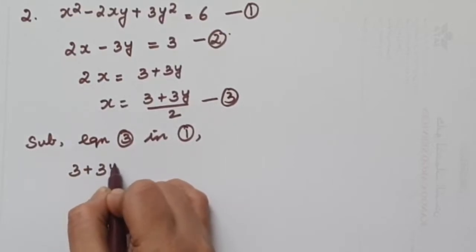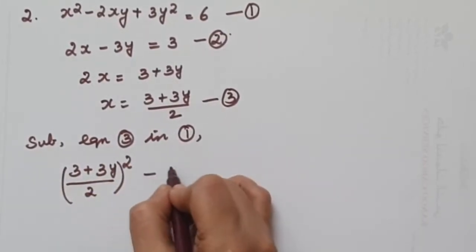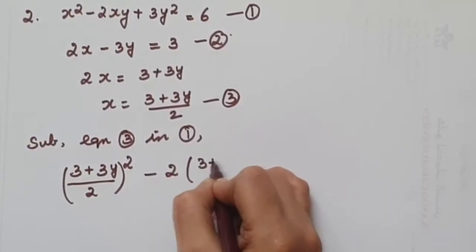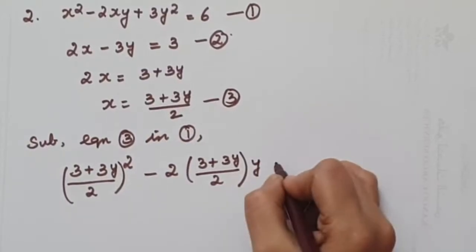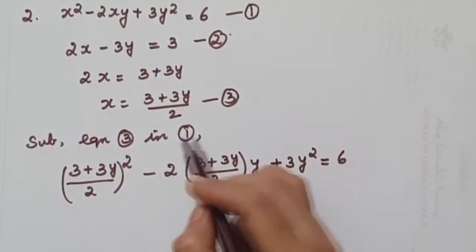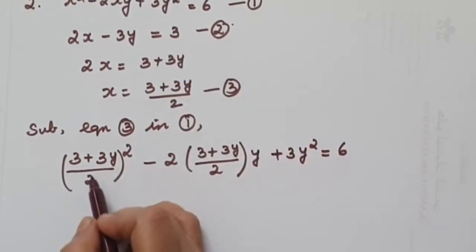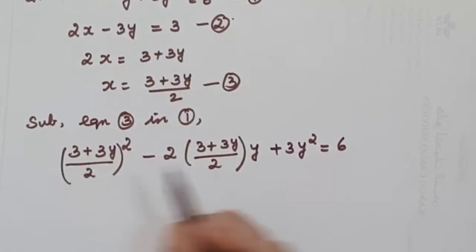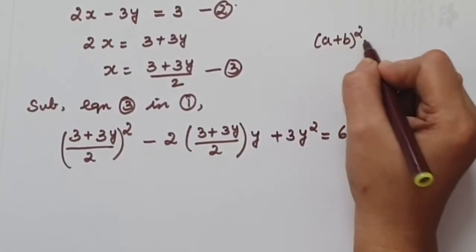So (3 plus 3y) over 2, the whole square, minus 2 into (3 plus 3y) over 2, y will not have any changes, we'll just write y as it is, plus 3y squared equal to 6. We have just substituted this value in our first equation. Now, when I simplify, this is of the form (a plus b) the whole square.